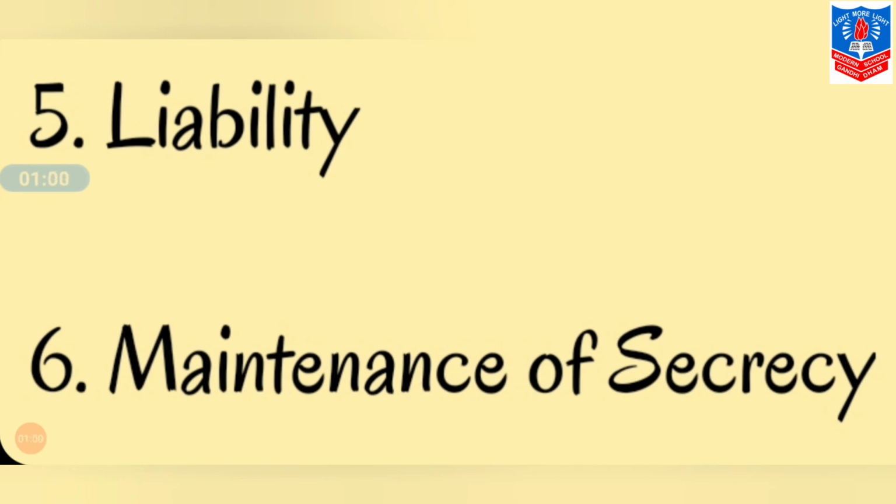Fifth characteristic, that is liability. Now in sole proprietorship form, the proprietor's liability is unlimited. Now the question arises, what is unlimited liability? Unlimited liability means that for payment of debts, the creditors can put a claim on the personal properties of the sole proprietor in the court of law.